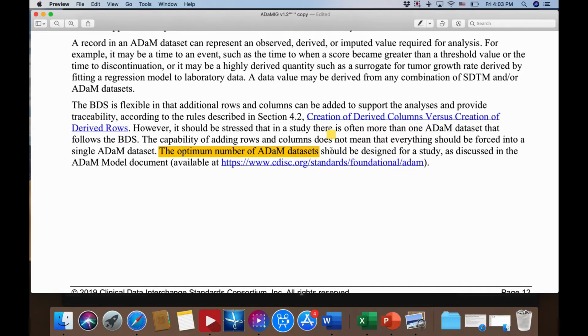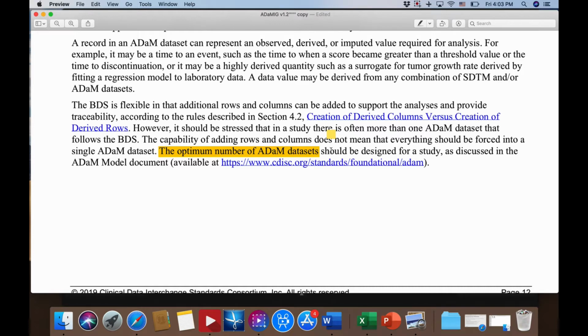You don't want your ADaM dataset to be mixed with BDS and OCCDS, two kinds of structures mixed together, or other structures mixed together. That's not a good way. The good way is to make it simple and straightforward.